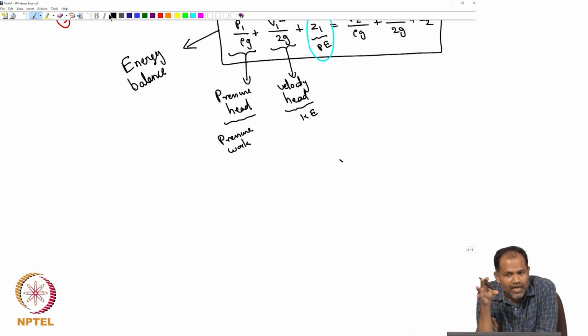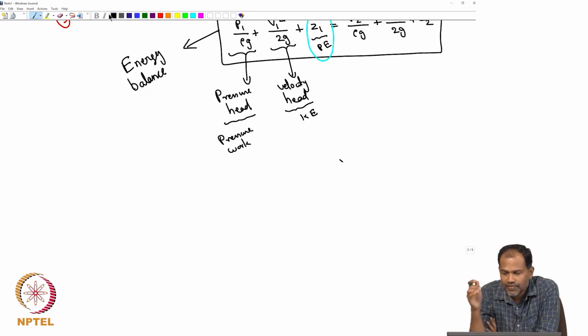So, in other words, the action of viscosity between fluid layers results in generation of heat. Typically, that number need not be small, but if you actually convert it into temperature, that may be very small. So, typically, you do not consider temperature variations, but still there is an energy loss.